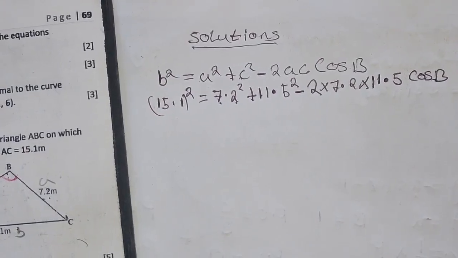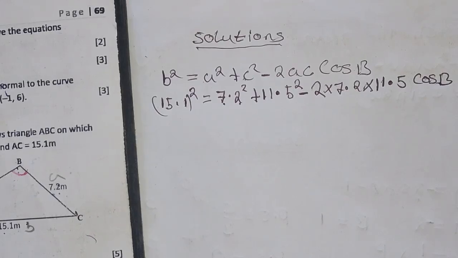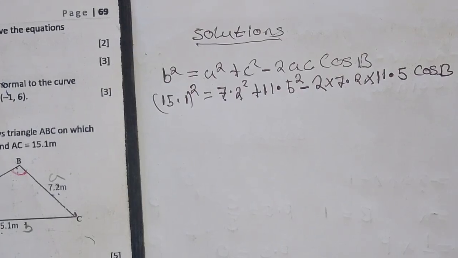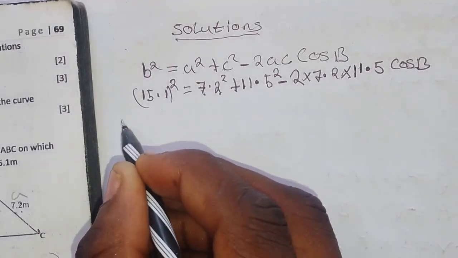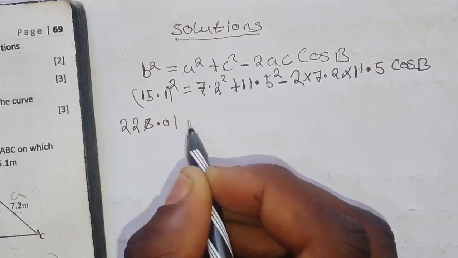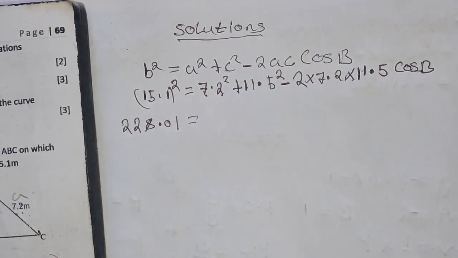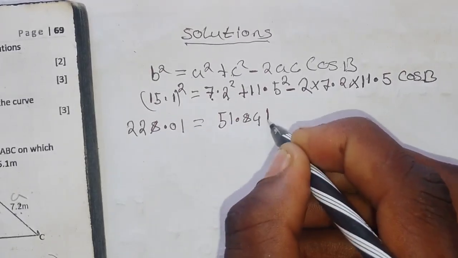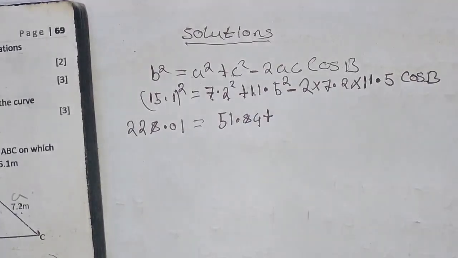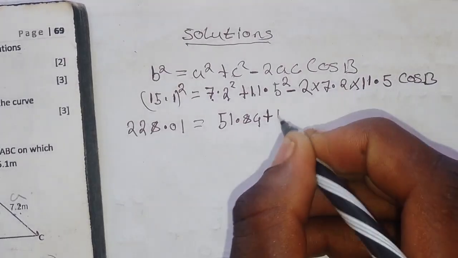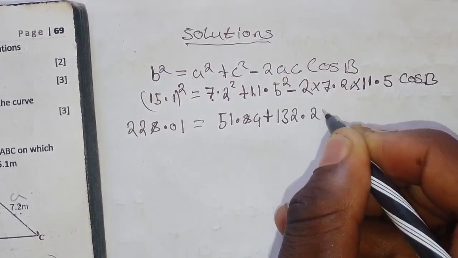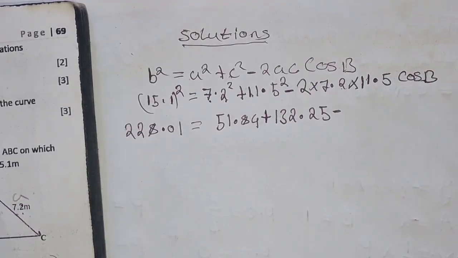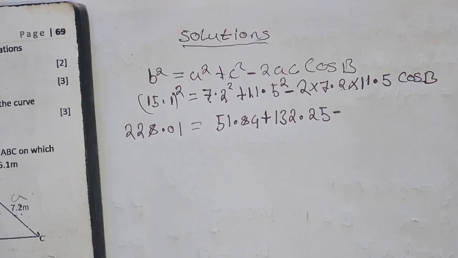So 15.1 squared will give you 228.01. Then 7.2 squared will give you 51.84, plus 11.5 squared, which will give you 132.25, minus 2 multiplied by 7.2 multiplied by 11.5.